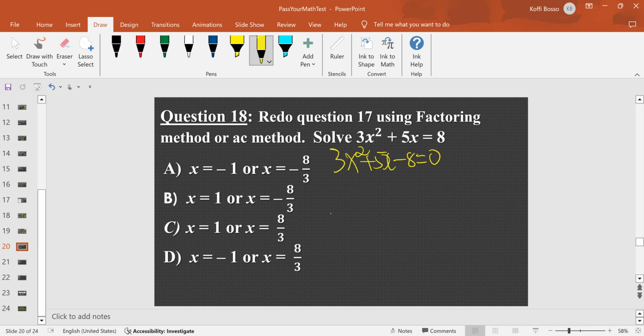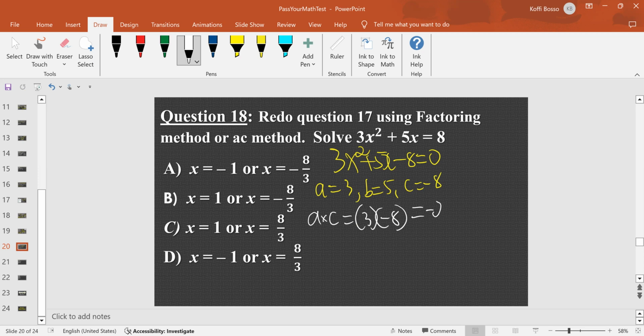So we need to make one side 0. Okay, now remember we said that A is 3, B is 5, and C is negative 8. So the AC method here means we're going to multiply A by C, which is 3 multiplied by negative 8, and that gives you what? Negative 24.